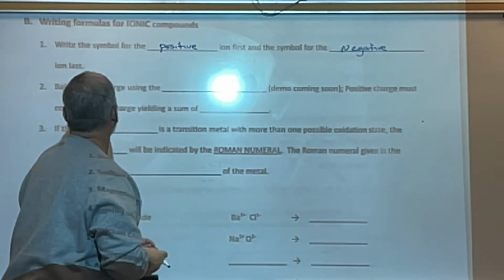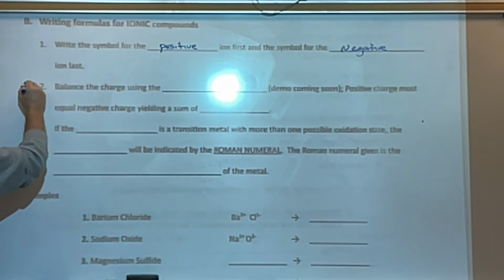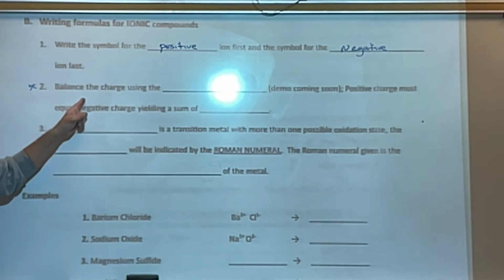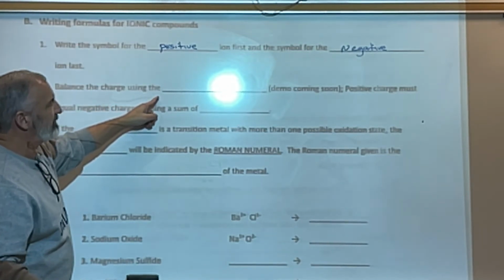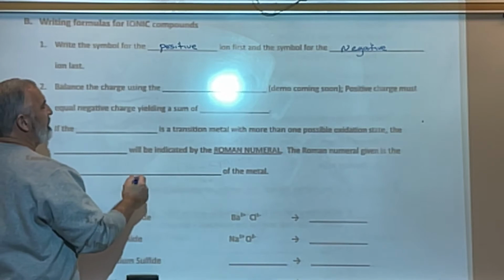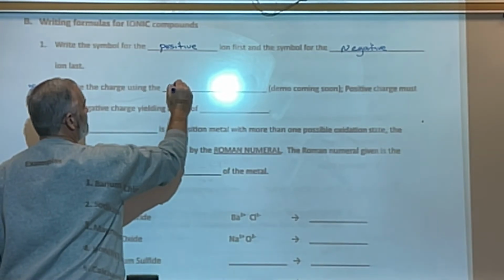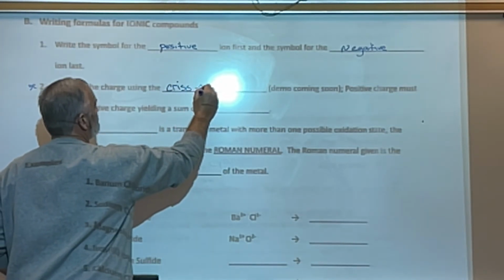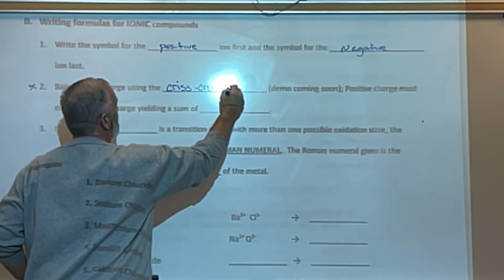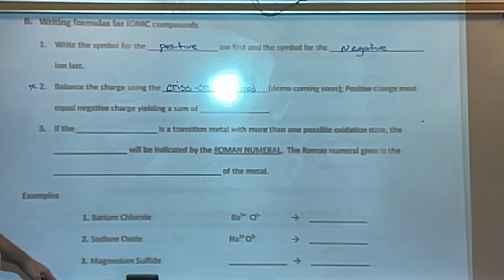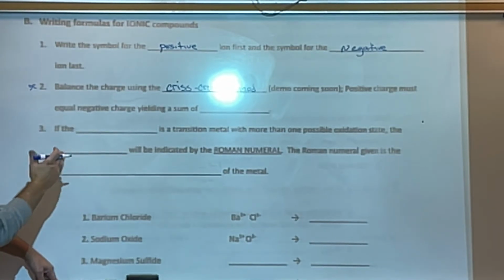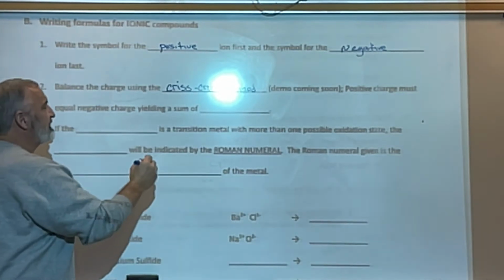Okay? Now, this is going to be the important part here. Balance the charge using, well, we're going to call it the crisscross method. Okay? Positive charge must equal negative charge, yielding the sum of zero.